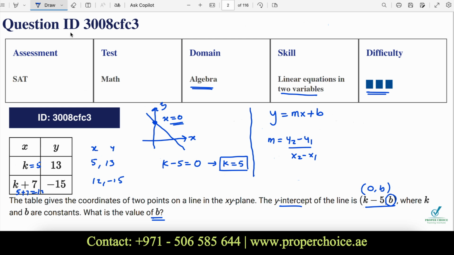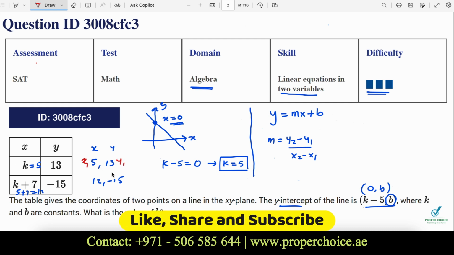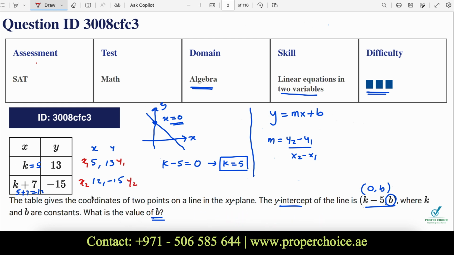So by using the coordinates we got from the table, assign this value as x1, this is y1, this one as x2, and this becomes y2. You can name either pair as x1, y1 and the other as x2, y2, regardless. So I can substitute those and get the value of the slope: y2 minus y1, in that case negative 15 minus 13, divided by x2, which is 12 minus 5.